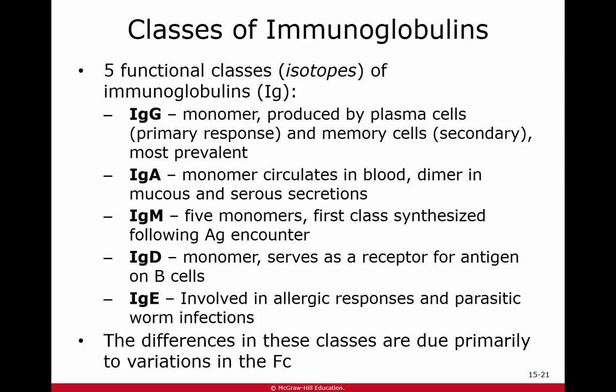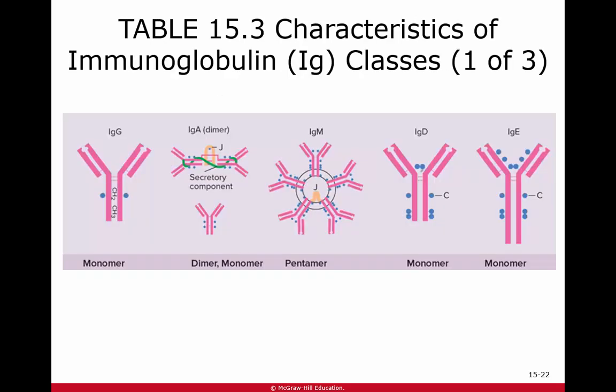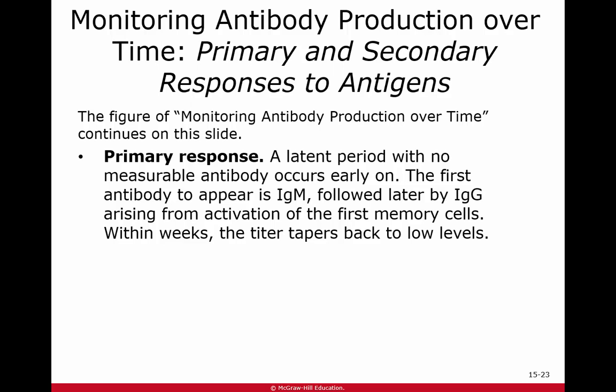IgD serves as a receptor for antigens on B cells, so it's heavily associated with B cells. And then IgE is the one that's involved in allergic responses and parasitic worm infections. We'll come back to IgE in the next chapter. You can see the differences in those as they talk through it.